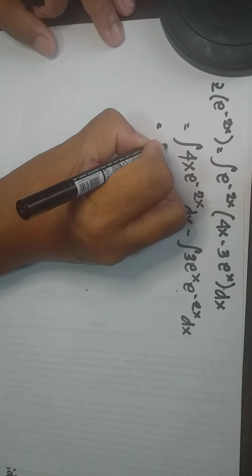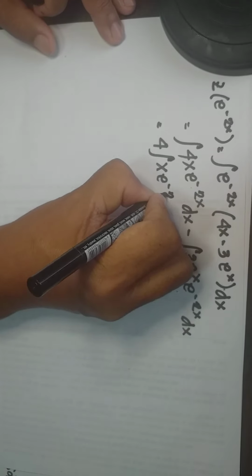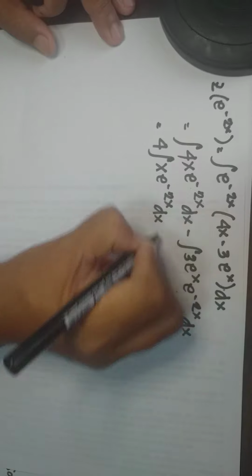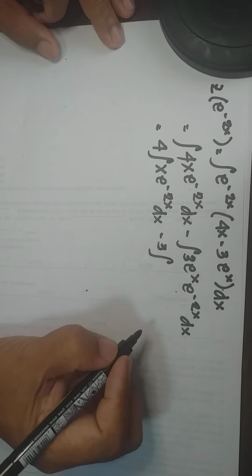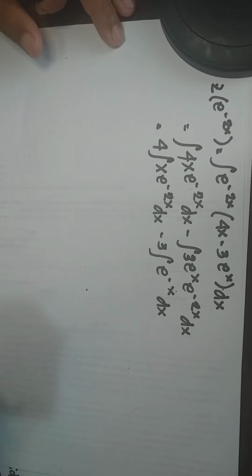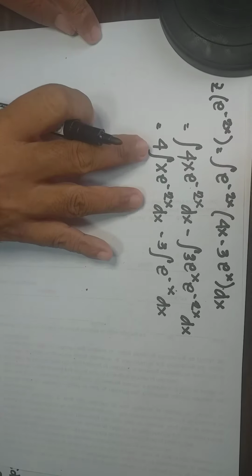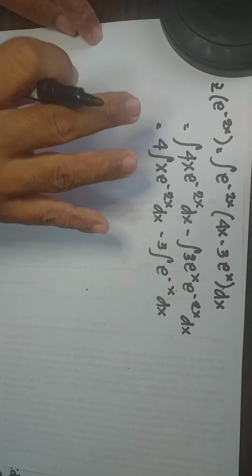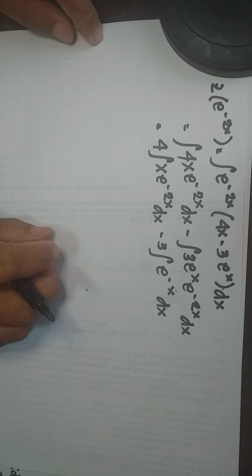So we have 4 the integral of x e to the negative 2x dx minus 3 the integral of e to the negative x dx. So on the first part of the integration, we can integrate this using partial integration or integration by parts.